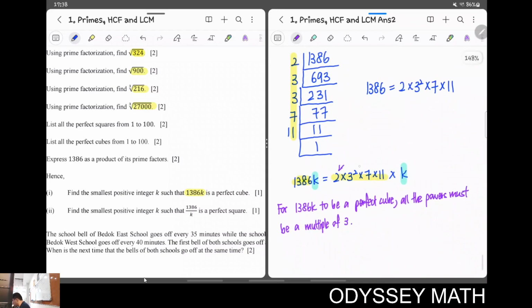Meaning all the powers here must be a multiple of 3.